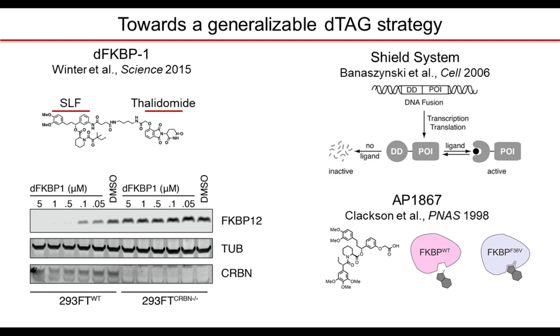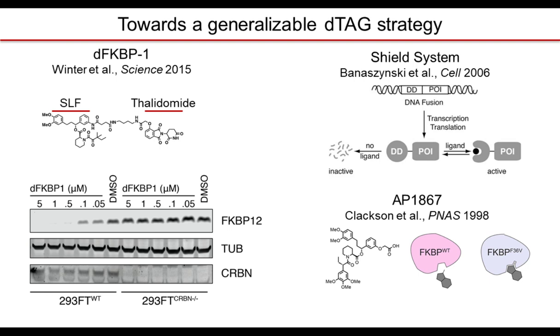So in getting into the dTAG system, what we decided to do was go after one of the favorite proteins of chemical biologists. This is a protein known as FKBP12. What Gehrig and Dennis had initially shown in their dBET1 paper was not only could they degrade the bromodomain proteins with dBET1, but they also fashioned a second small molecule degrader, which they called dFKBP1, by conjugating SLF to thalidomide.